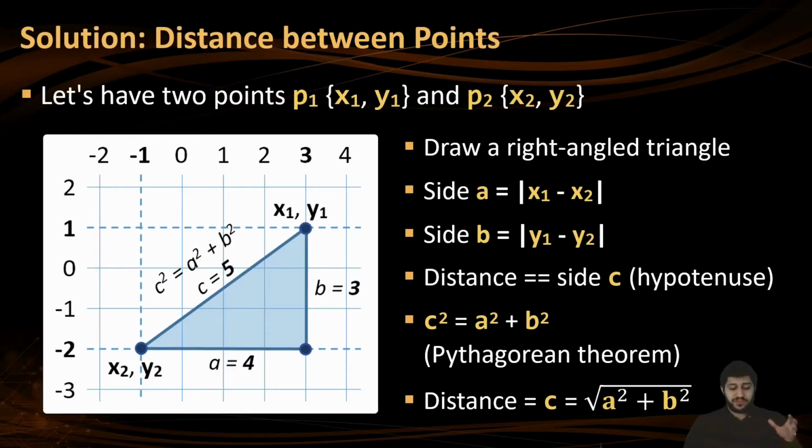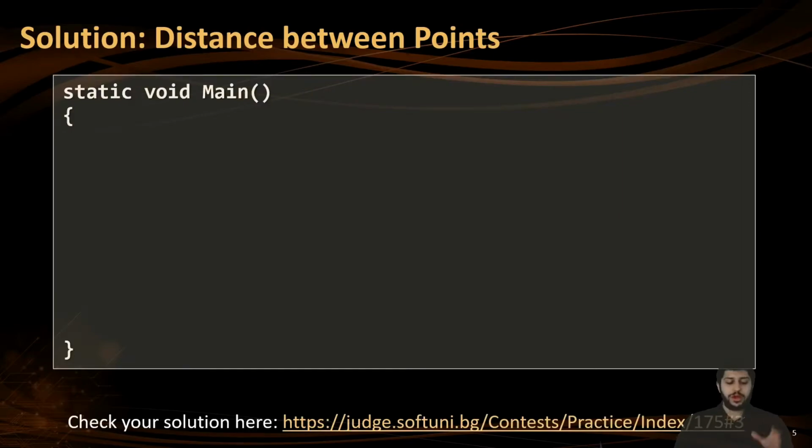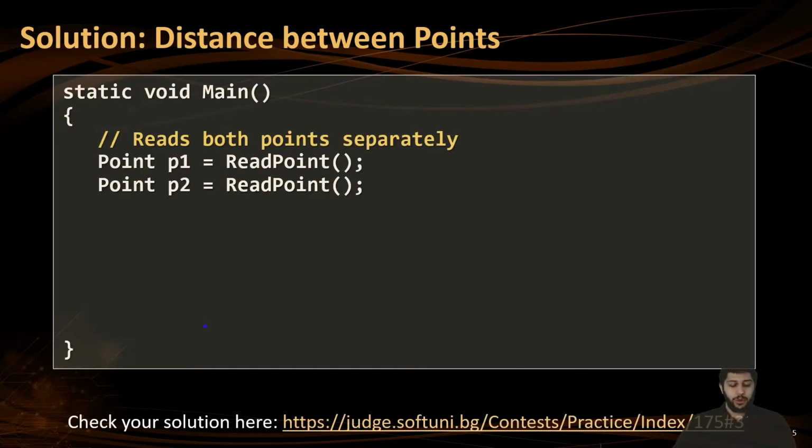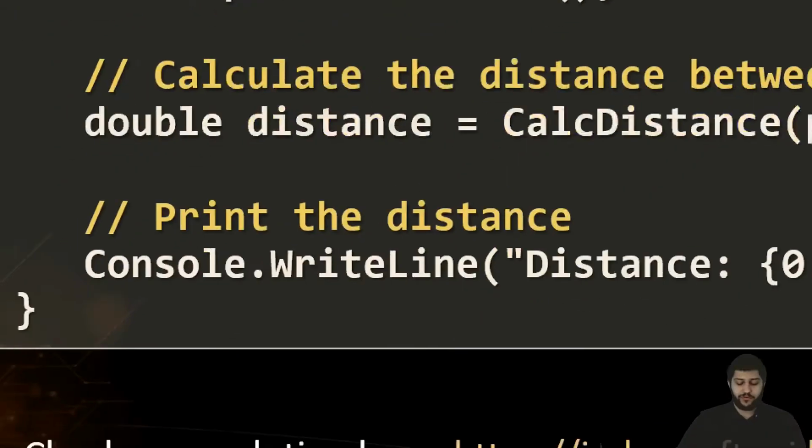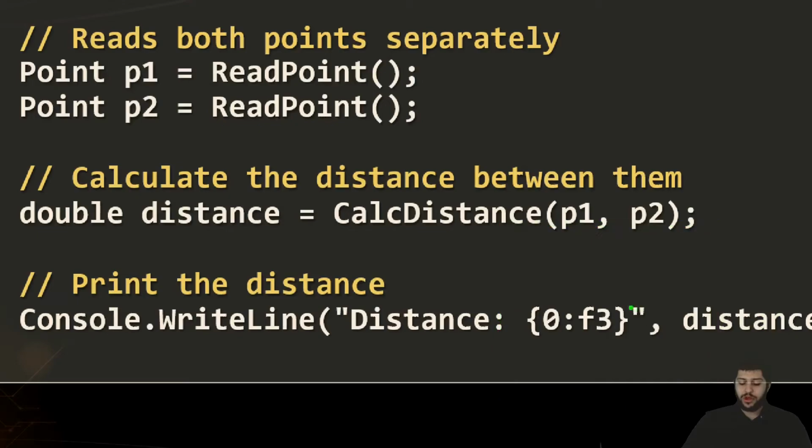Now, having this theory in mind, we can actually write the code. And as we did, we created a method that reads 2 points from the console, and after that calculates the difference and prints it out with 3 digits after the decimal point.